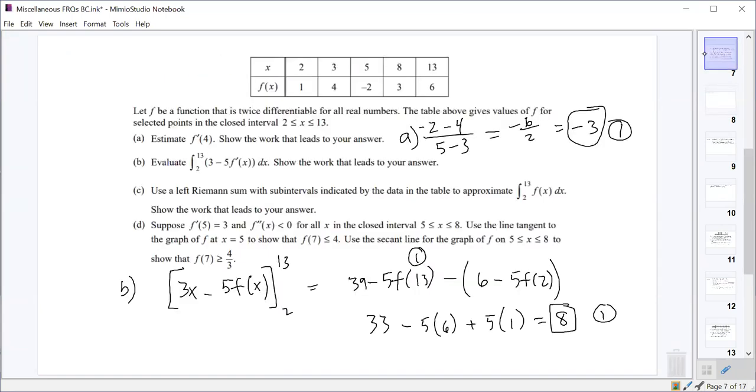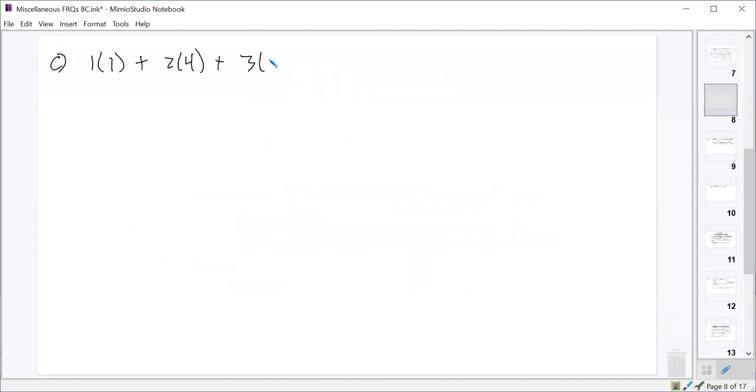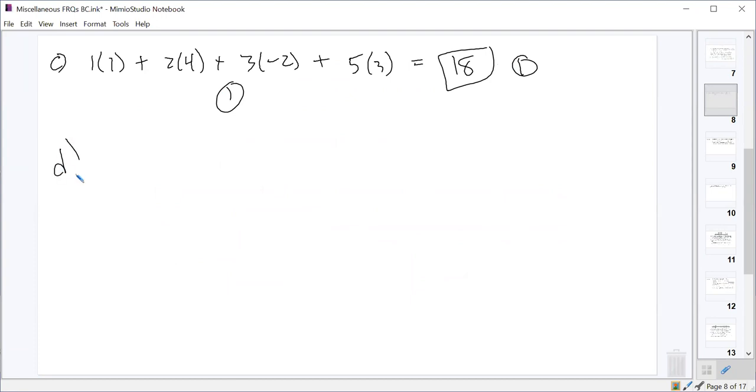The next one has a length of 3 and a height of negative 2. And the last one has a length of 5 with a height of 3. And that gives us 1 plus 8 is 9, minus 6 is 3, plus 15 is 18. And that was worth 2 points, 1 for correctly setting up your sum, 1 for your final answer. Everybody good with C?